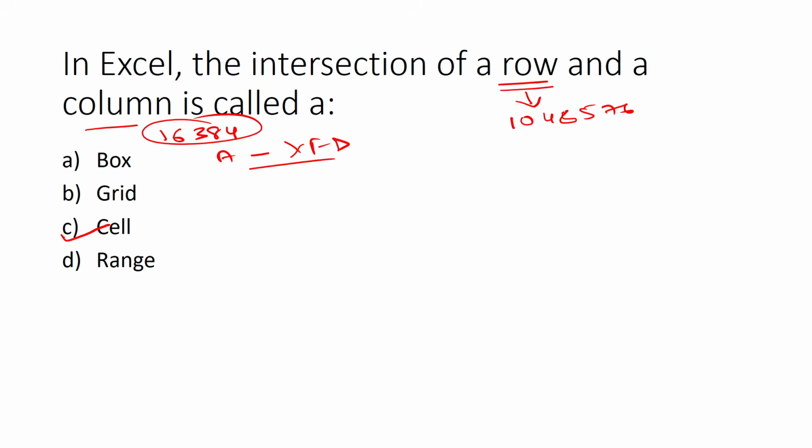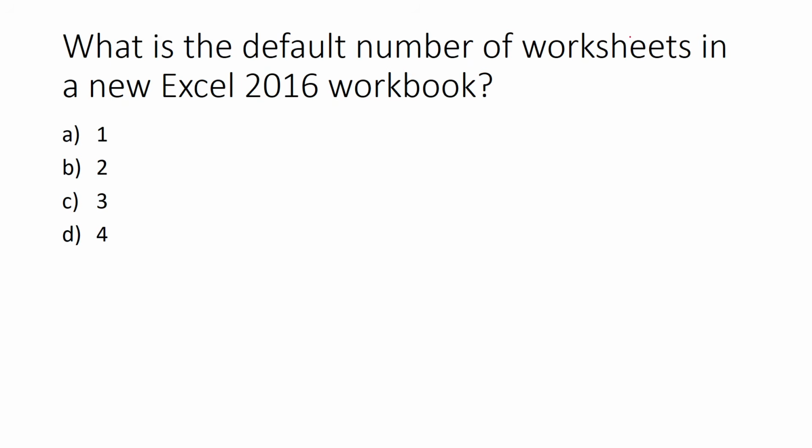Let's move on to our next question. Default number of worksheets: how many worksheets do you originally get in Excel 2016? You can insert any number of worksheets, but by default how many are provided? That is only one.